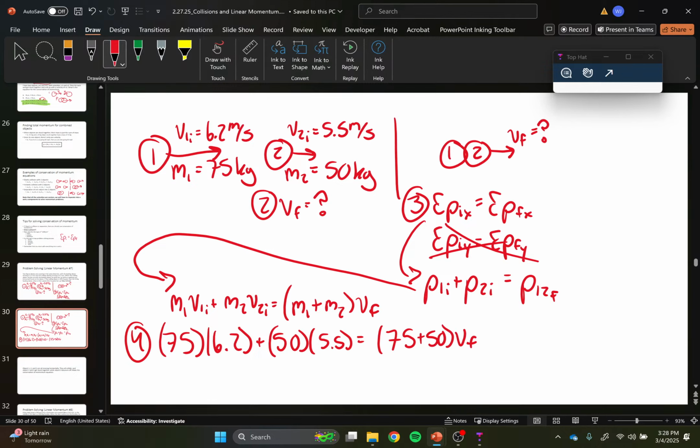So we have 75 times 6.2 plus 50 times 5.5 equals 75 plus 50. And if you do all the math, I'll get a calculator. You get their final velocity, and it's great. Nice, straightforward, lets you do nifty things.